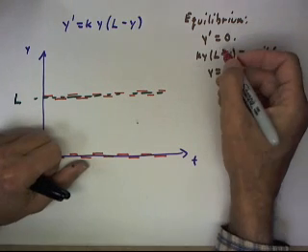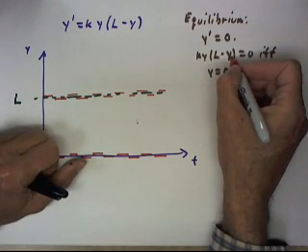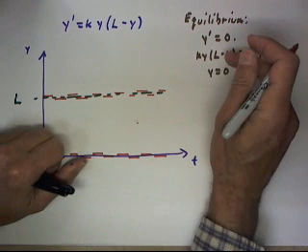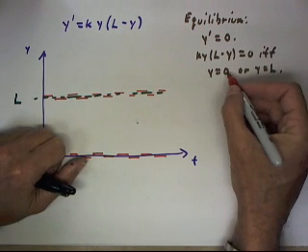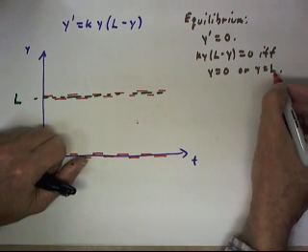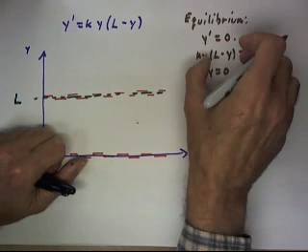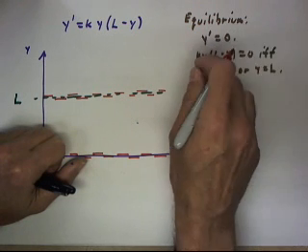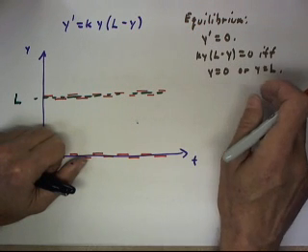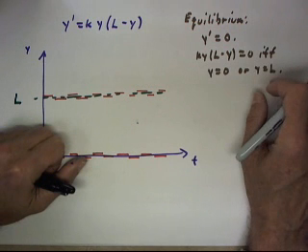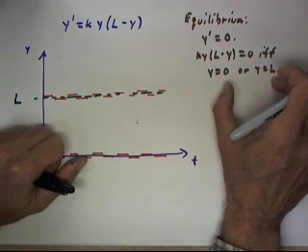Now, if we just think about y times L minus y, if that's multiplied out, it's quadratic, with zeros at y equals 0 and y equals L. If we draw a graph of this function, y times L minus y versus y, it would be a quadratic function with a parabolic graph.